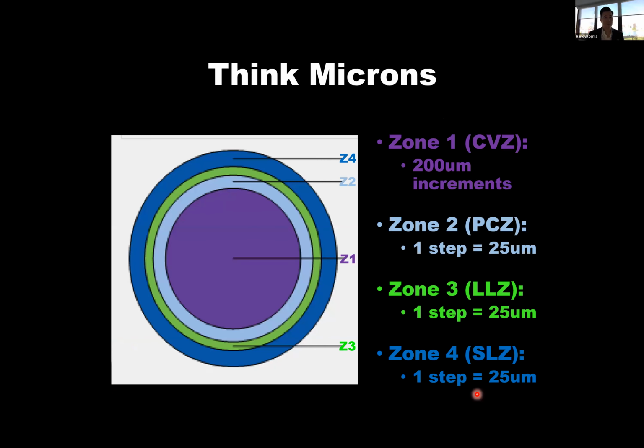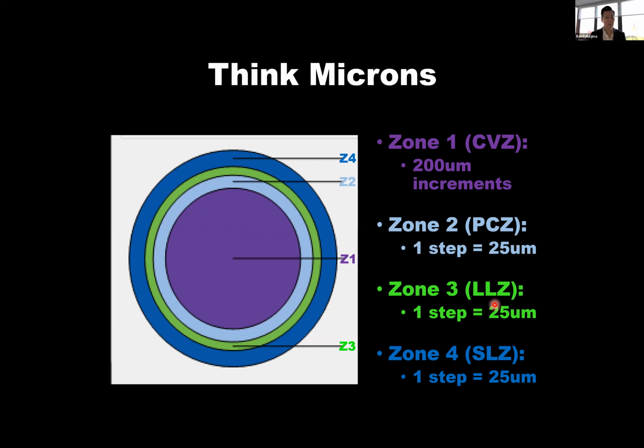Okay, so you have 4 different zones in the smart lens. The center zone is available in 200 micron increments in your fitting set. The second zone, if you make a 1-step change, that equals 25 microns. So if I make the peripheral corneal zone +1, I'm increasing the sagittal depth 25 microns. If I make the peripheral corneal zone -1, I'm decreasing the sagittal depth 25 microns.